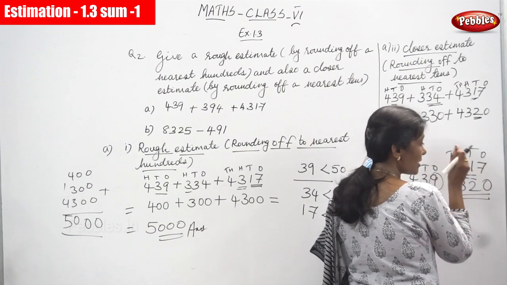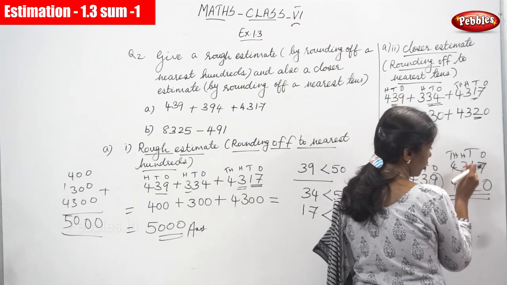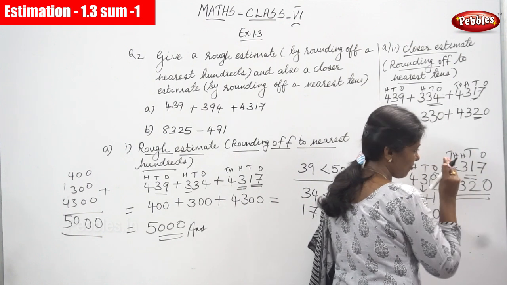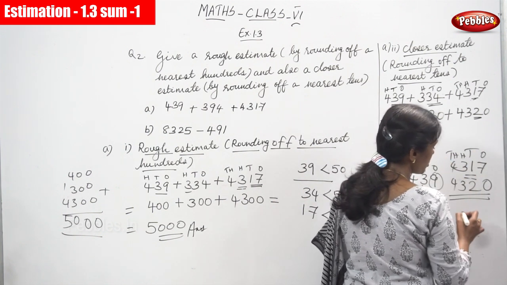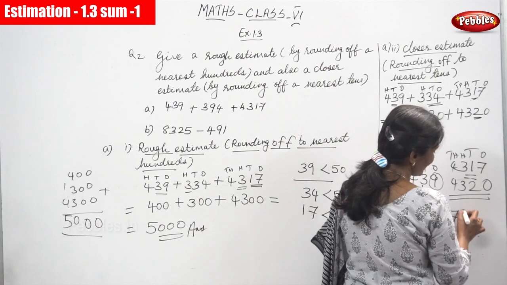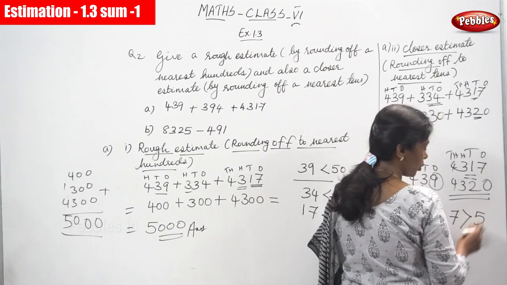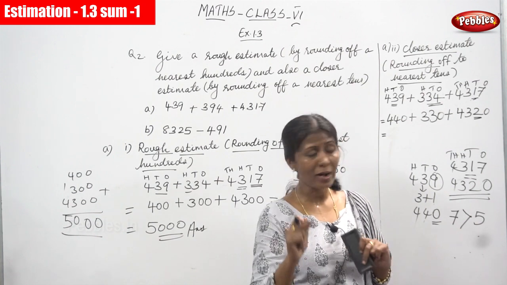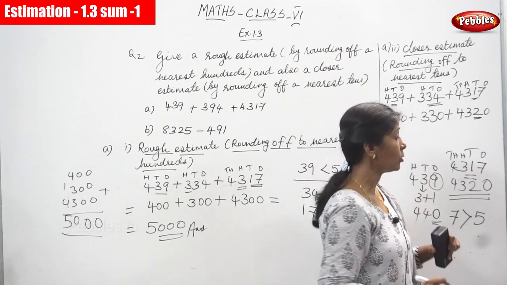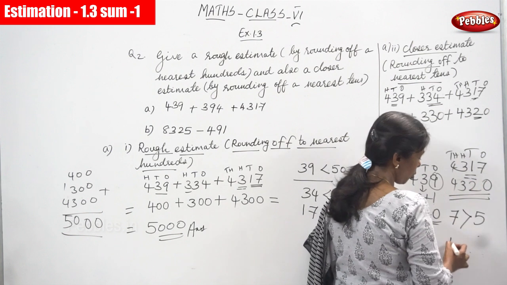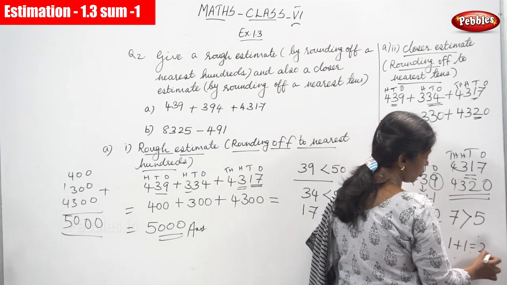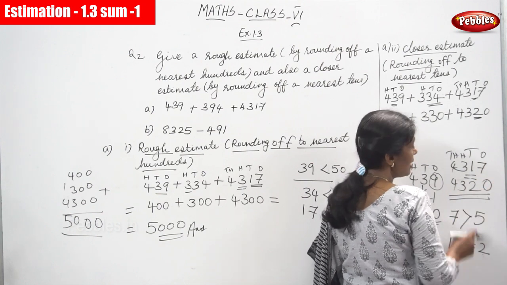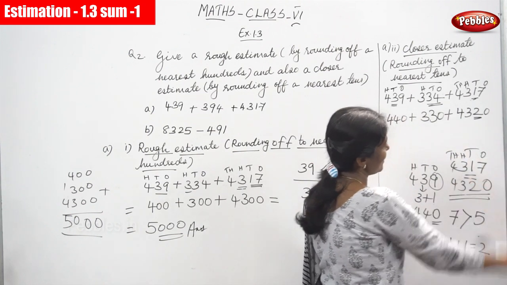So if you want to round to the nearest 10, not only should you consider the tens place value, you have to consider the ones place value also. 7 is greater than 5. I've told you already, 5 and above 5 means you have to add 1 to the tens place value. 1 added to 1 becomes 2. Instead of 7 you have to put 0, that is the rule. So 4320 is the right answer.